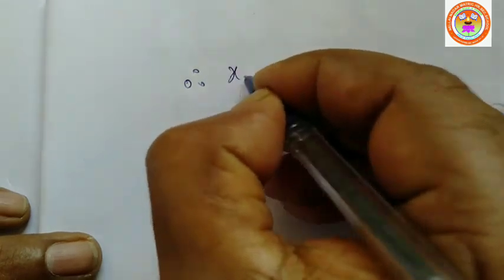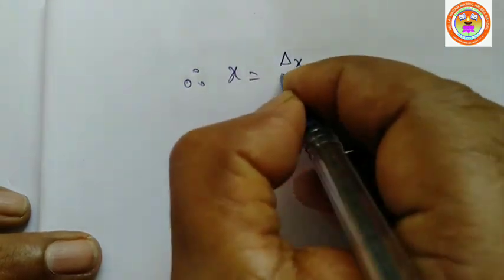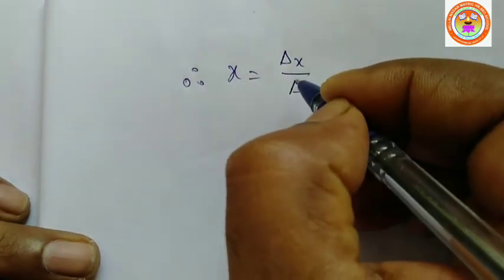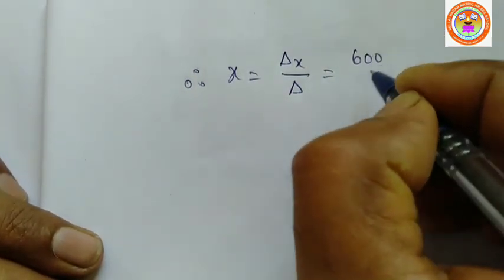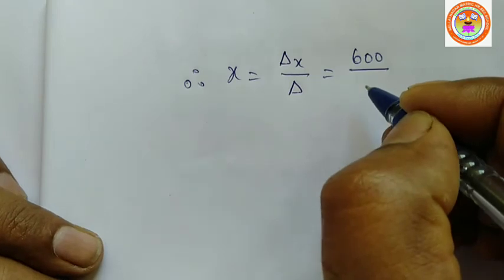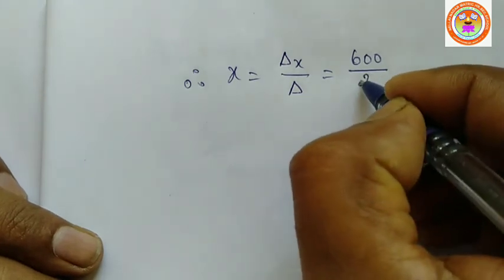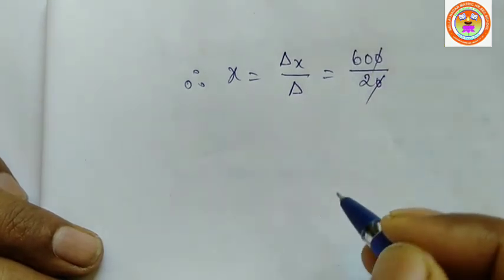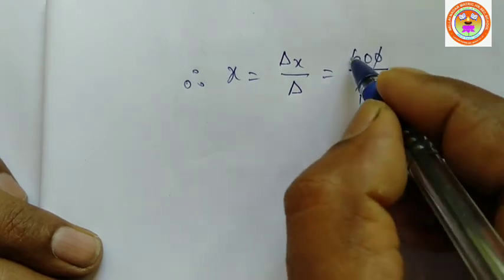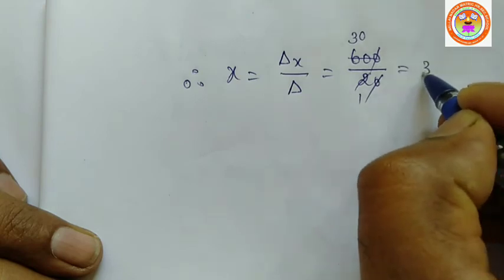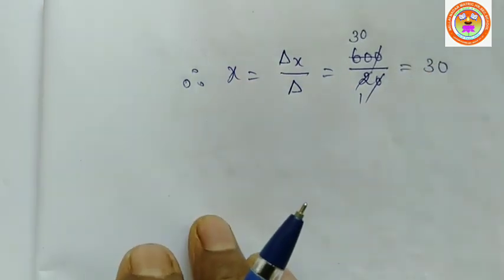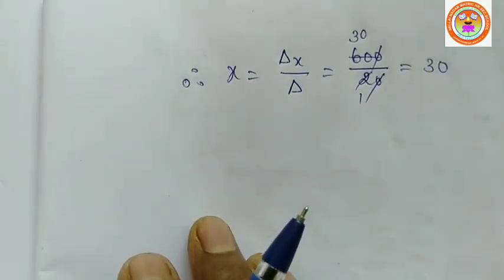Therefore, x is equal to delta x by delta. What is the value of delta x? That is 600 by the value of delta, 20. 0, 0 cancel. 3 times 2 is 6, so 30. Now, y. What is y? Y means delta y by delta.